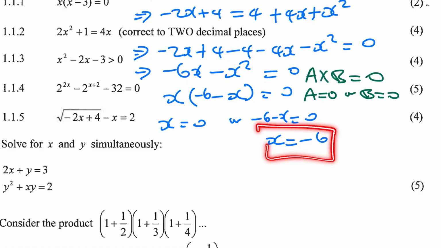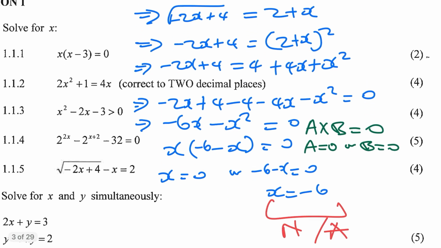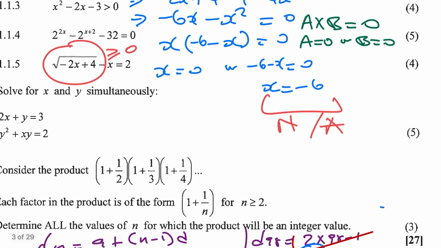And negative 6 is a problem. This is your answer, but it's not possible. Why is it not possible? It's because this should always be positive.